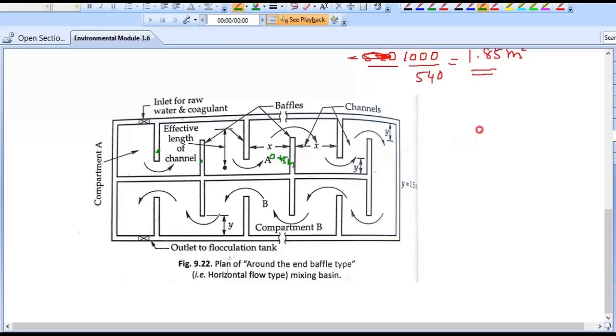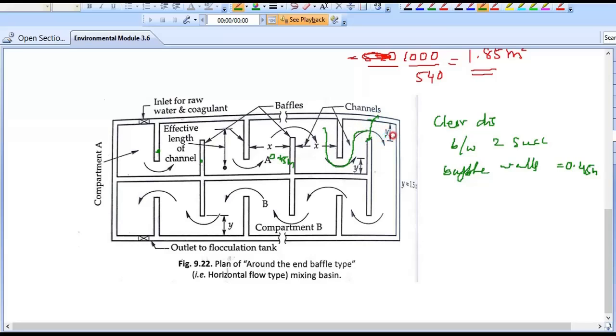Therefore we will consider the clear distance between two successive baffle walls equal to 0.45 meter.